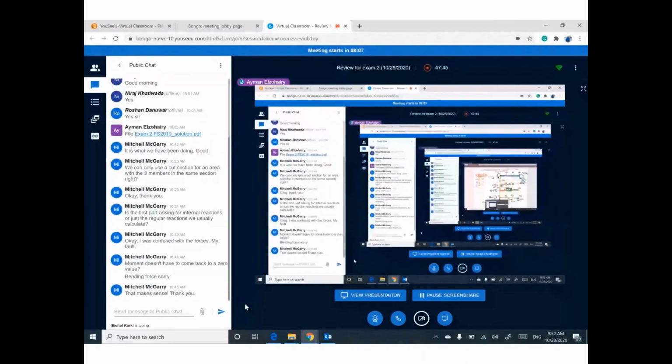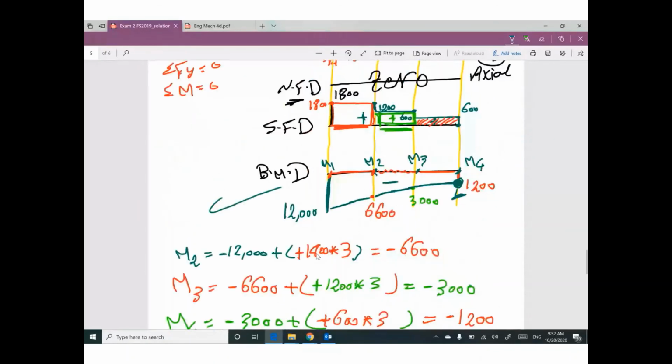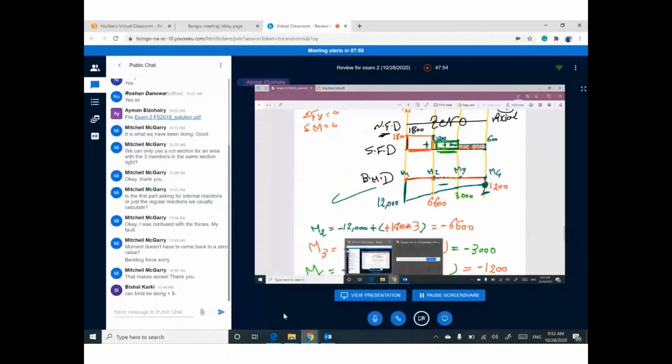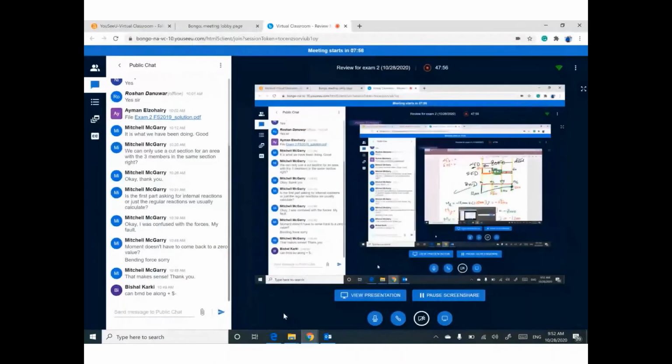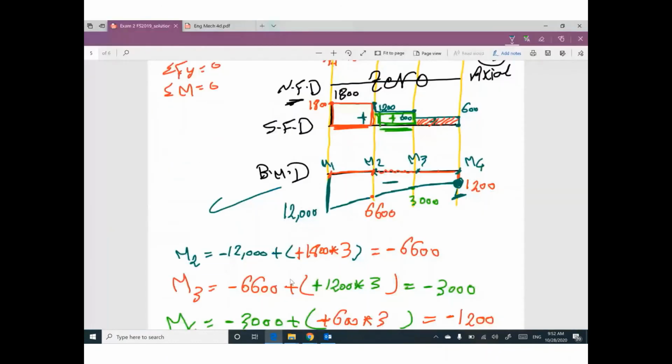So guys, do you have any question? What is the dollar sign here? Michelle, can the bending moment diagram be both positive and negative? Yeah, sometimes we have a value here, sometimes we have another value here, so we have to connect between them.